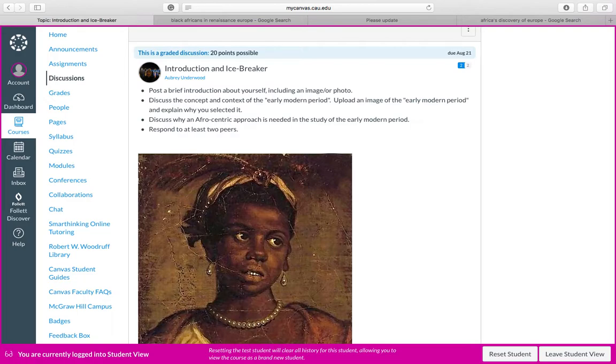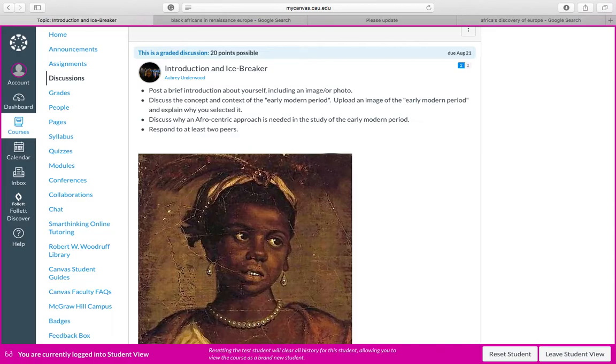And I see this class as offering us an excellent way to deconstruct the Eurocentric view of the early modern period and really replace that with an Afrocentric approach, one that not only recognizes and highlights the large numbers of Black people living across Europe, Africans, people of African descent, those who are the product of miscegenation, who are biracial, multiracial in scope, but also a narrative of Europe that includes Africans, and an African view of Europe.